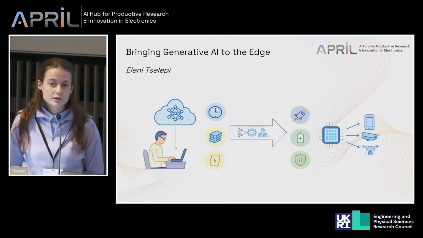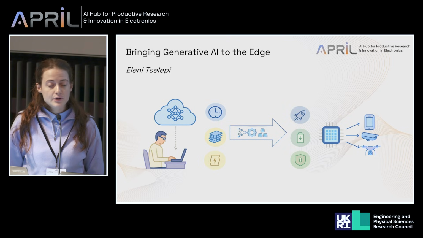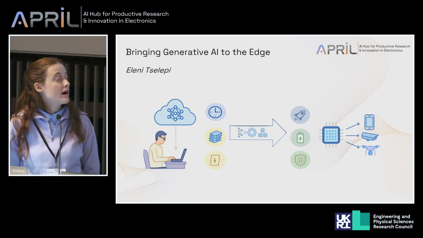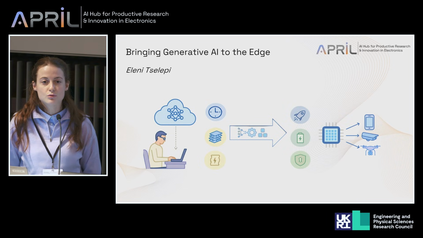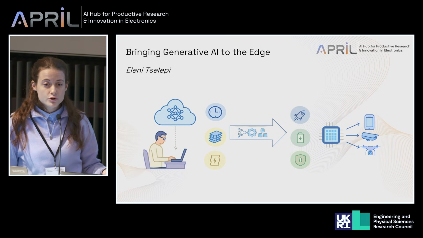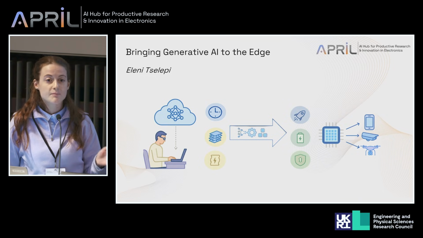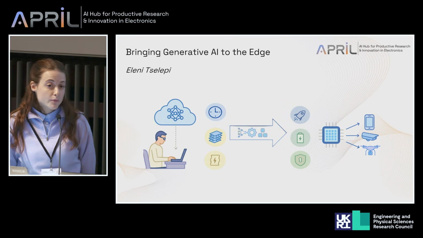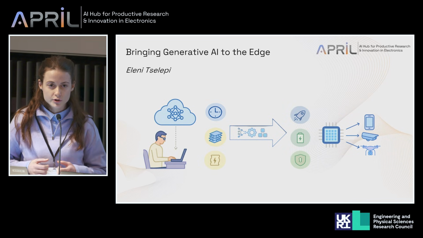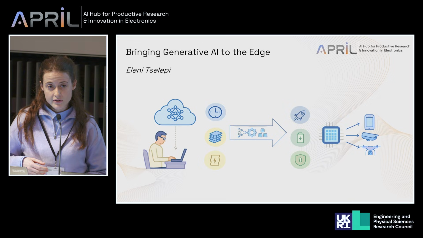In today's world, these models run on the cloud. They have incredible realism, but this comes with a cost. They have high latency, as data has to travel from the cloud to our devices, and also they are very computationally expensive. Through my PhD, I'm trying to find new hardware architectures in order to reduce the computational cost of these models so they can run on edge devices.